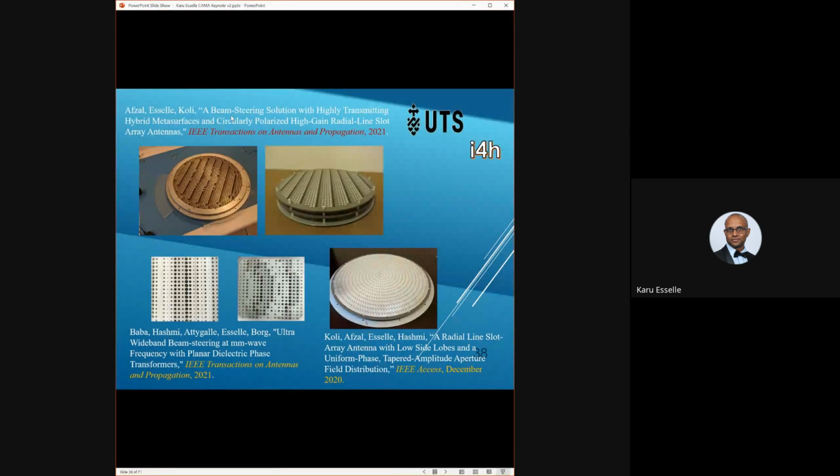So this paper: beam steering for highly transmitting hybrid metasurfaces and circularly polarized high gain radial line slot array antennas. This is our antenna. That's a very good antenna. You can see the slots on an array, on a spiral.